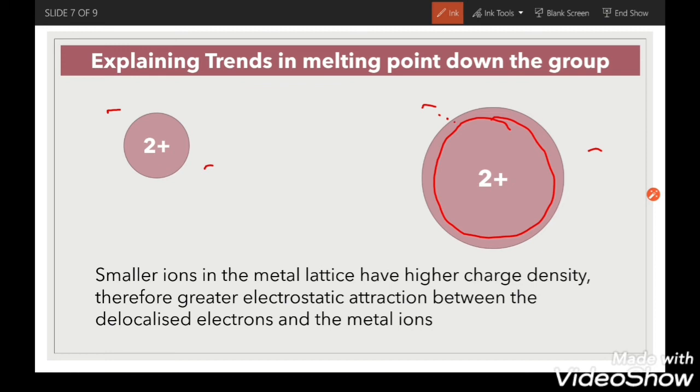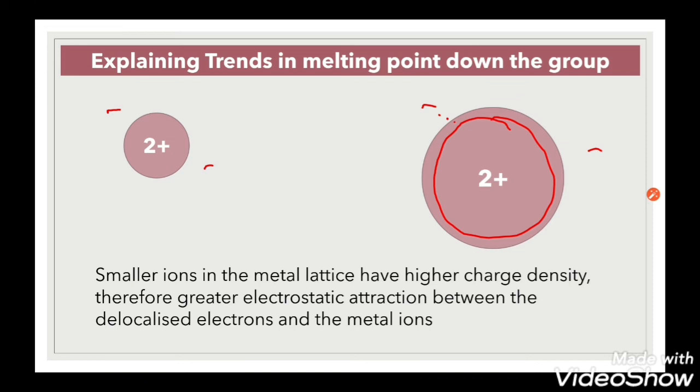So there's less electrostatic attraction between the electrons and a larger ion than to a similarly charged smaller ion. Okay, just reading what I've written down here: smaller ions in the metal lattice have a higher charge density, therefore a greater electrostatic attraction between the delocalized electrons and the metal ions. So it's all about this charge density.